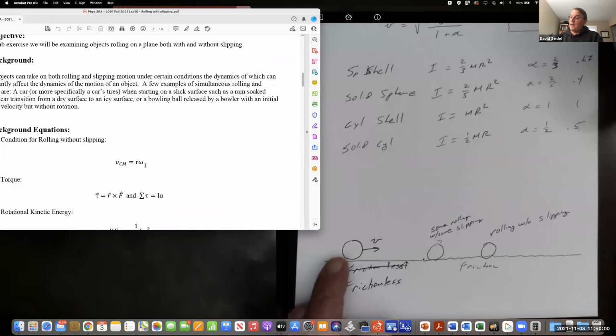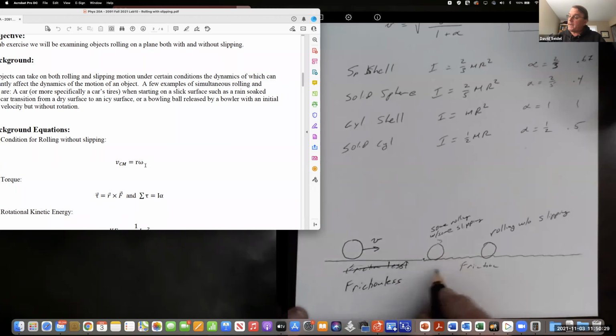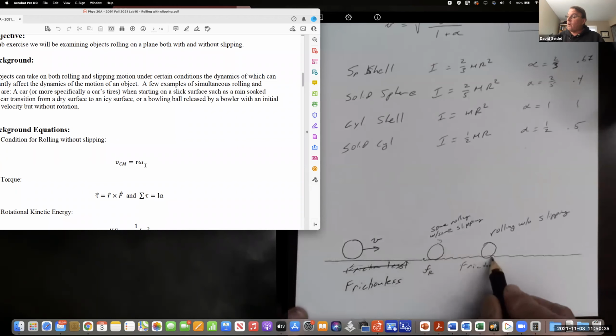Okay, so if I hit this friction surface, it's going to start slowing down the V center mass. Energy is going to go into rotation, and we're going to get more and more rolling until we hit the point where we have rolling without slipping.